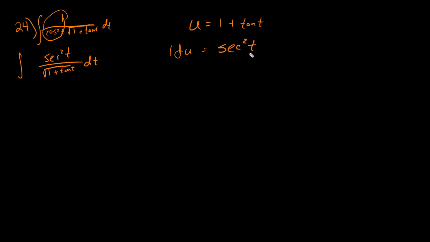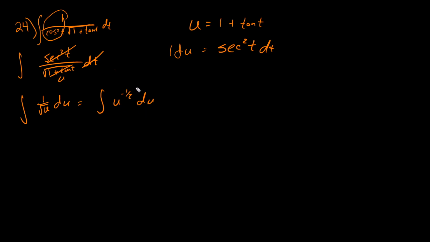So now we do have everything. This is dt, so we get rid of that. This becomes u, and we get the integral of 1 over the square root of u du. See, that's not too bad now that we simplified it. So this is the integral of u to the negative 1/2 du.